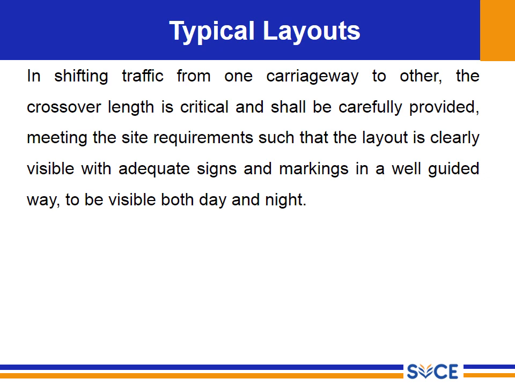So when they are doing this type of median crossover at national highways, the crossover length is much higher. We need to provide a very smooth curve without any overturn of vehicles, since we are diverting the complete traffic to one carriageway, that is, both directions of traffic are going to be operated in one direction.